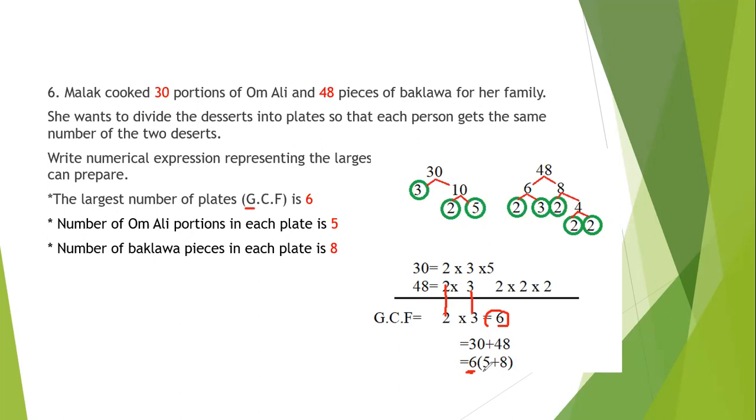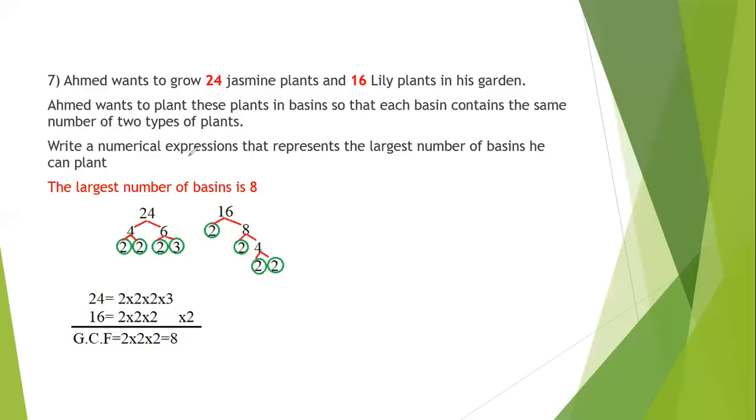So she will put 5 from Ali and 8 from baklawa. So if I want to get the number of Ali and baklawa, we have to get first the GCF, then use the distributive property to find the number of Ali and baklawa.